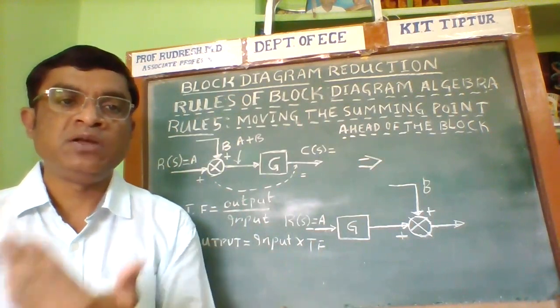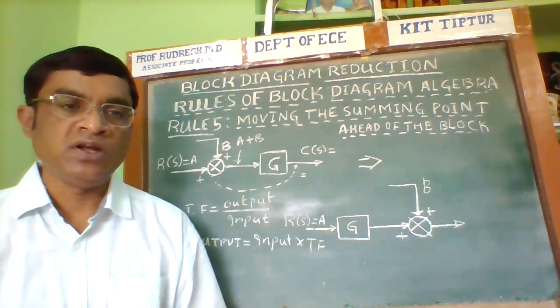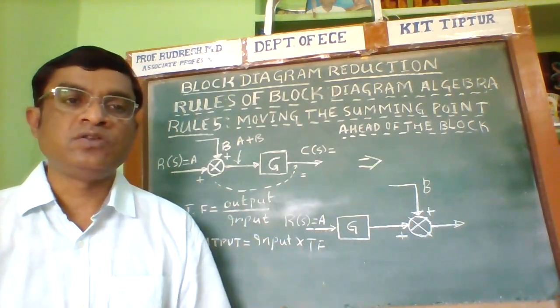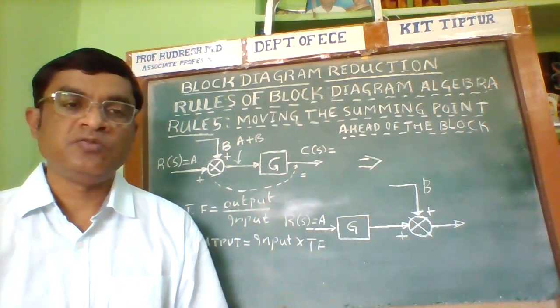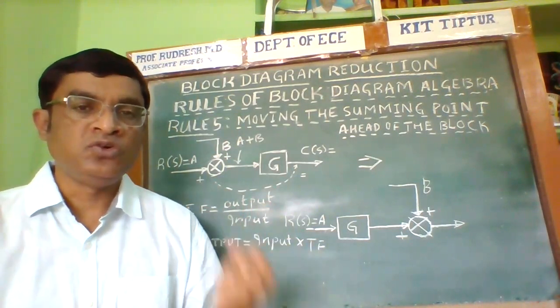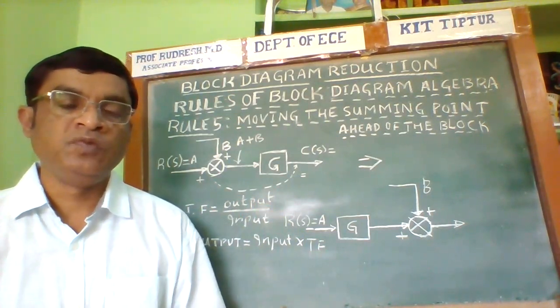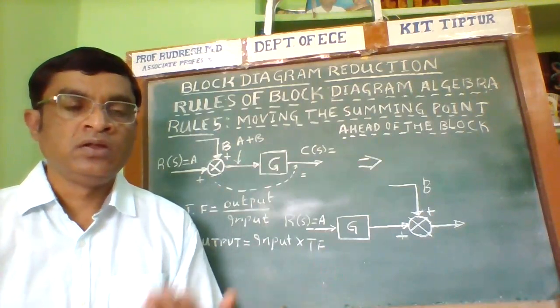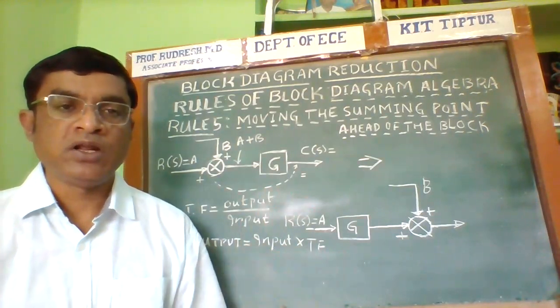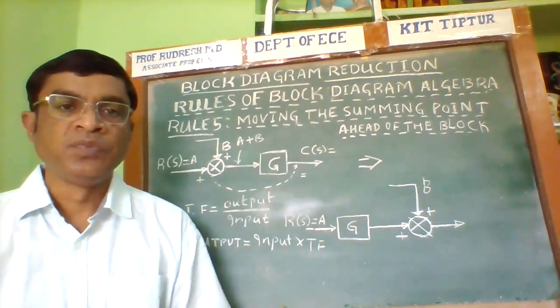These are the diagrammatic methods of representation of the control system, because a control system is a collection of various physical components. To show the function performed by each component, we use these diagrammatic methods, the block diagram and the signal flow graph.